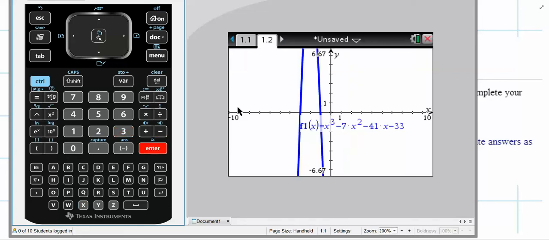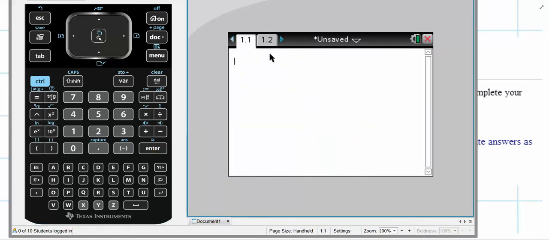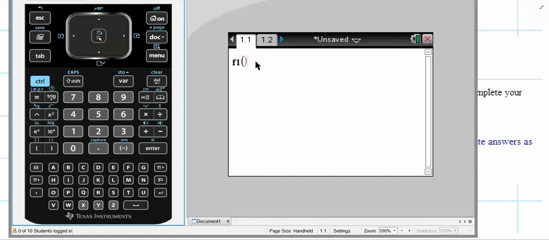And I'll press enter. Now that I have the function stored into the calculator, I'm going to jump back to the calculator page. And from here, I will call upon the variable f, the function name, and insert each of my guesses or each of my estimates into this expression.